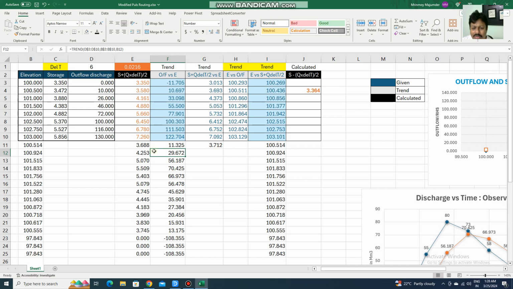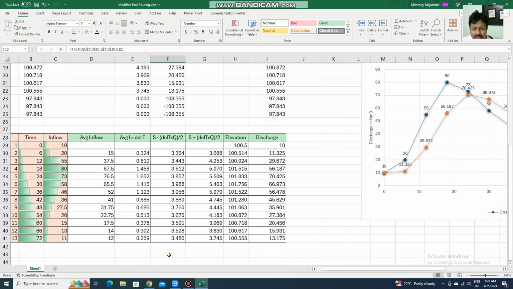And these are all coming from the trend function. So this is with the discharge. Now again multiply del T with this discharge and deduct it from this RHS, and you will get the new S minus del T into Q by 2 of the current time step.